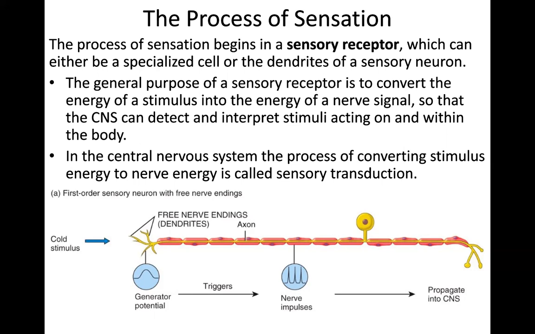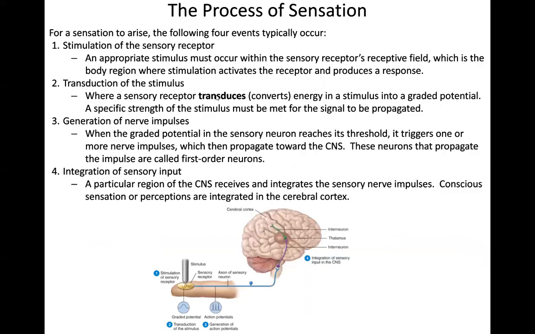In this case, if we're experiencing a cold stimulus, we might respond by shivering. In the nervous system, the process of converting stimulus energy to nerve energy is called sensory transduction. You'll see this word transduction or transduce, and as you can see here on the next page, it just means to convert, converting from one form of energy to another.